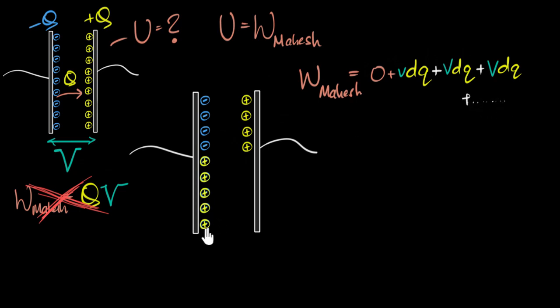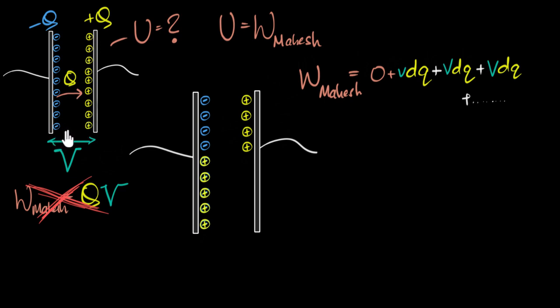Finally, now imagine I'm transferring the last charge. Imagine I'm almost done and I'm transferring the last charge. Okay, all 1 billion charges have been transferred. Now what's the potential difference? Well, when I'm transferring the last charge, my capacitor is almost completely charged. Now the potential difference is V. And so my last charge that I'm transferring, I have to muscle through a lot of repulsion, and I'm doing the maximum amount of work.